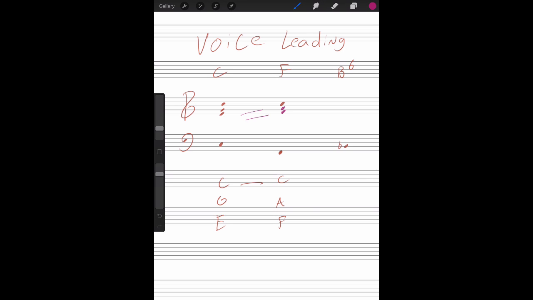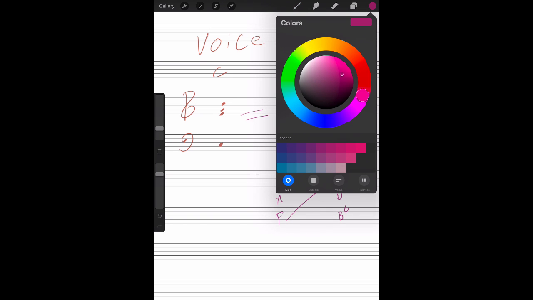Next up, we have our B flat. We have F, A, C, and the notes we need are B flat, D, F. So what's in common? The F and the F. Let's keep that F in place, and I'll change colors one more time.